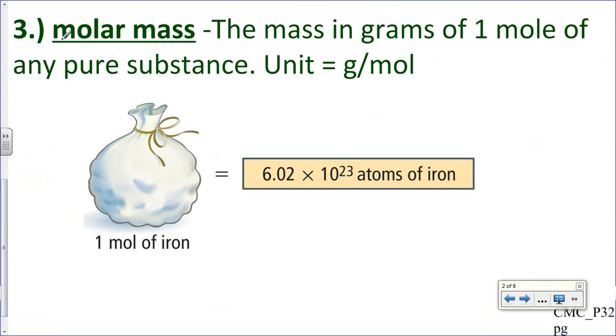So molar mass is what we are going to be calculating today.